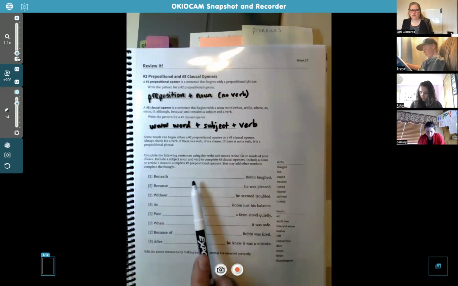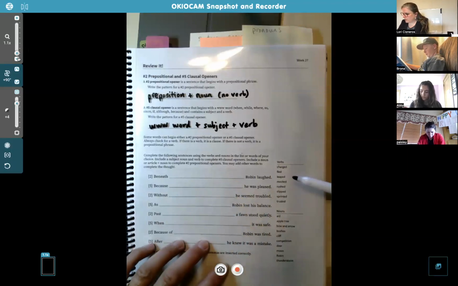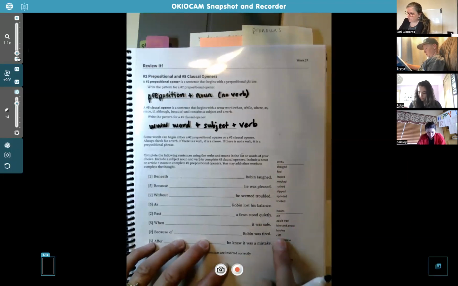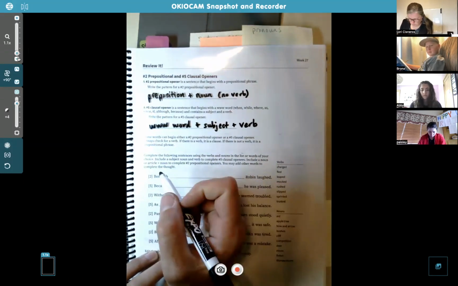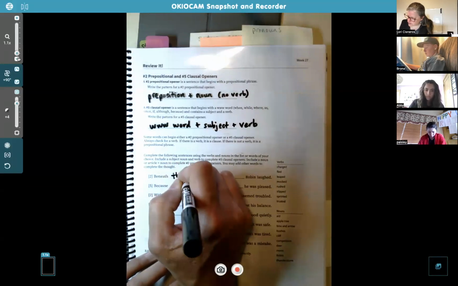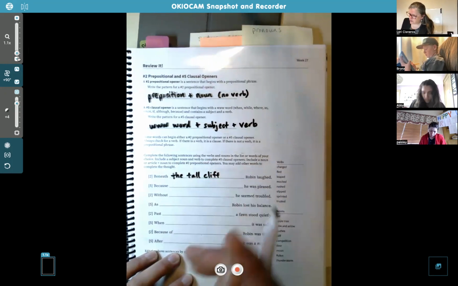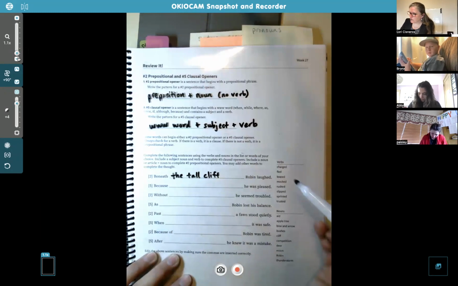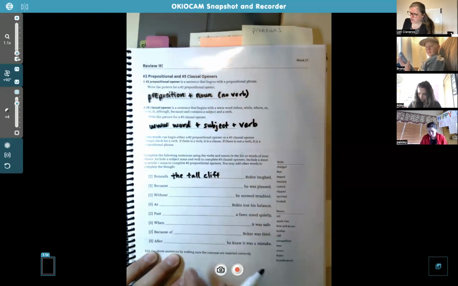You can basically put whatever you want there, but no verb. And here are your choices here. So you're not going to pick a verb, right? You're only going to pick a noun. The word cliff is on here. That's where the example came from. Cliff is here. So we can put beneath the tall cliff. Okay, so what you're going to do is for number 5 clausal, you'll look at the verbs. For the number 2 prepositional, you'll look at the nouns here.